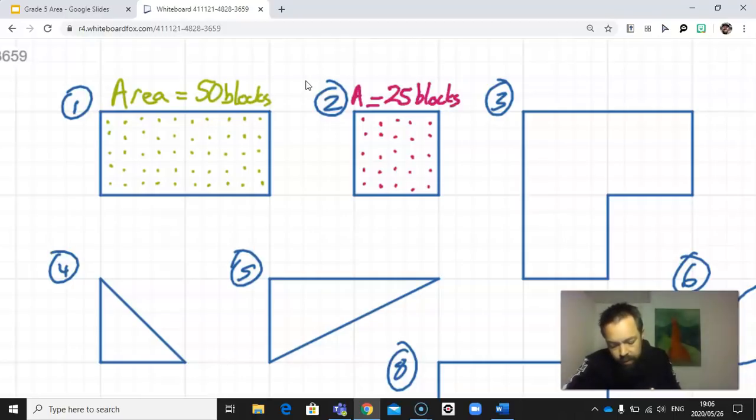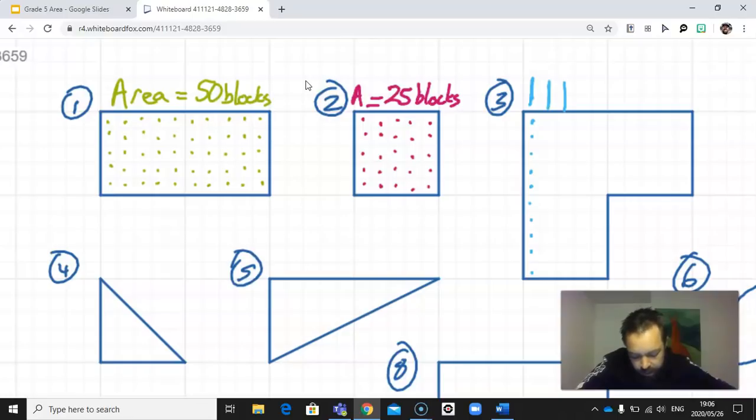Looking at the next one. I'm going to have to count so many. Well, let's see. 1, 2, 3, 4, 5, 6, 7, 8, 9, 10. Surely if this column is 10 here, the next one's the same. That'll also be 10. That'll be 10, that'll be 10, and that'll be 10. So I can just go 10, 20, 30, 40, 50, and that covers all of these ones.